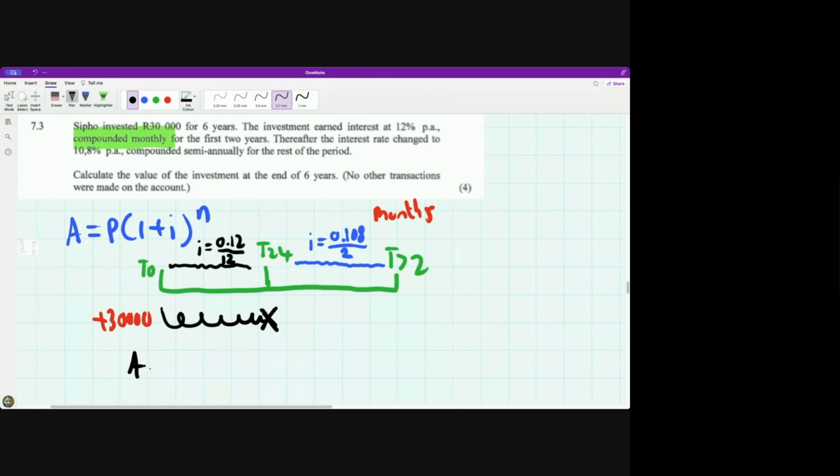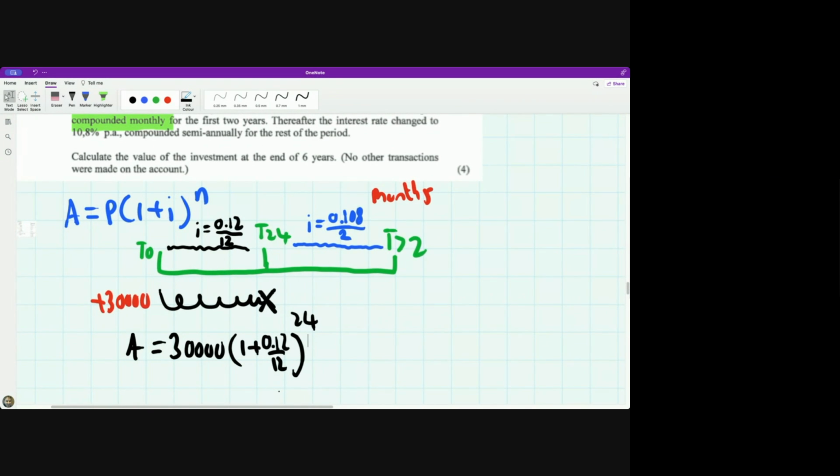I know it would be a 30,000 1 plus 0.12 over 12. What's going to be the n value over there? I think it has to be 24 months because it's traveled from T0 to 24. So it's 24 months.